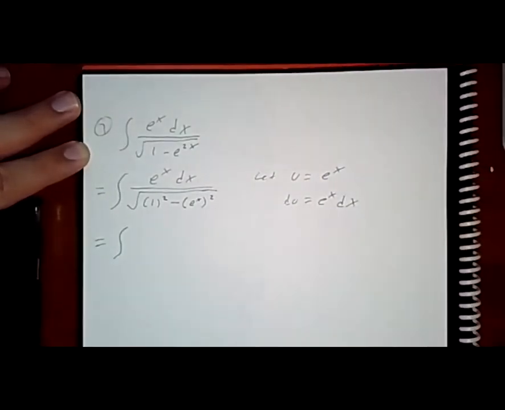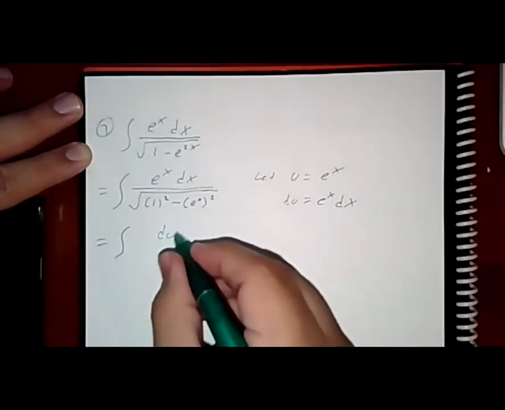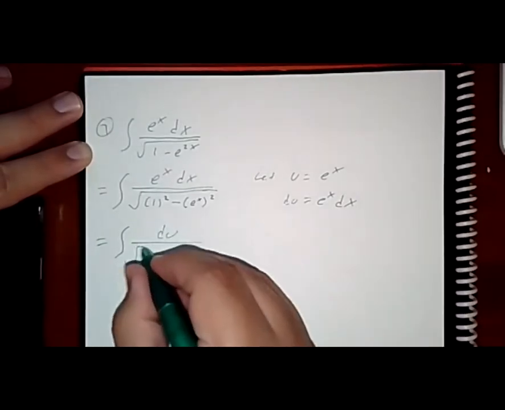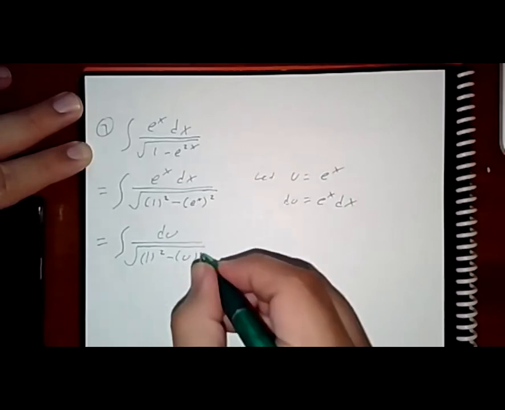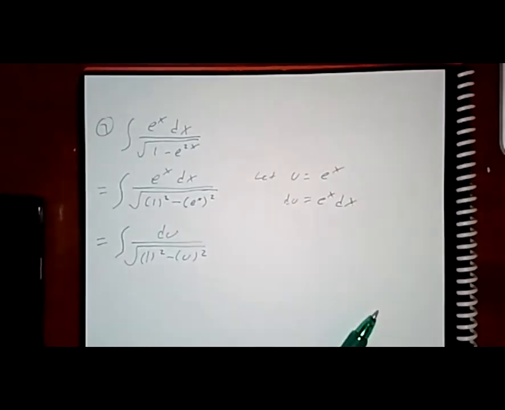So now I have du over the square root of 1 squared minus u squared. Look, open that sheet I just sent you. On the common integrals, the last one on the right is a squared minus u squared, right?